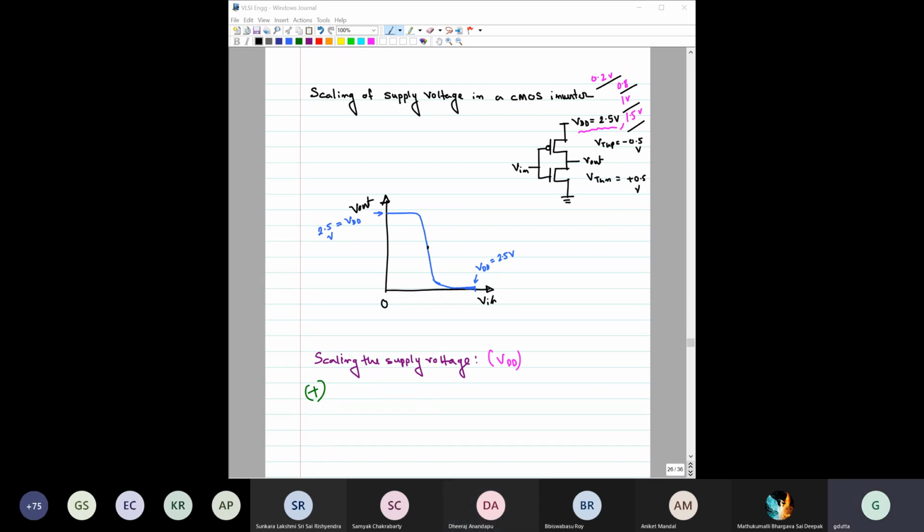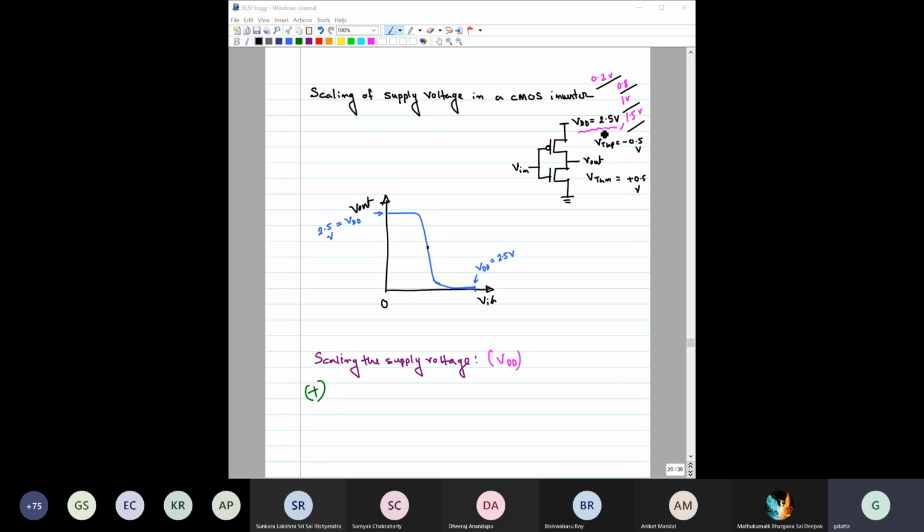Okay, so the question is something like this. Here for this CMOS inverter, VDD is 2.5 volt. So what will happen if I reduce this VDD, the supply voltage? See, if you are reducing VDD, that means at the same time you are reducing Vin as well, right? Because the maximum voltage of Vin will be equal to VDD.